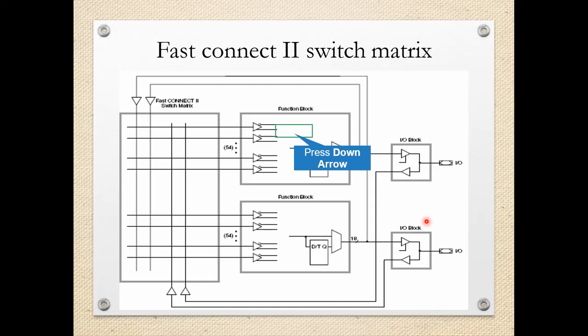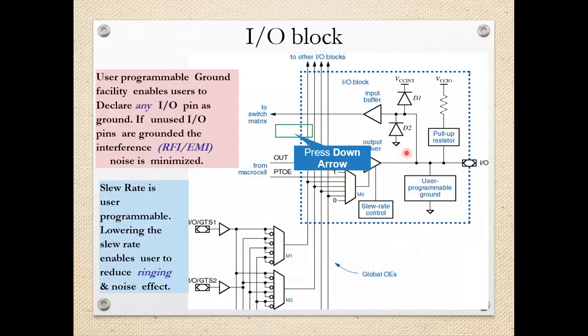Now we will see what is inside this IO block. This is the detailed diagram of the IO block. User programmable ground facility enables the user to declare any IO pin as ground, and if unused IO pins are grounded, the interference, that is EMI RFI noise, is minimized.